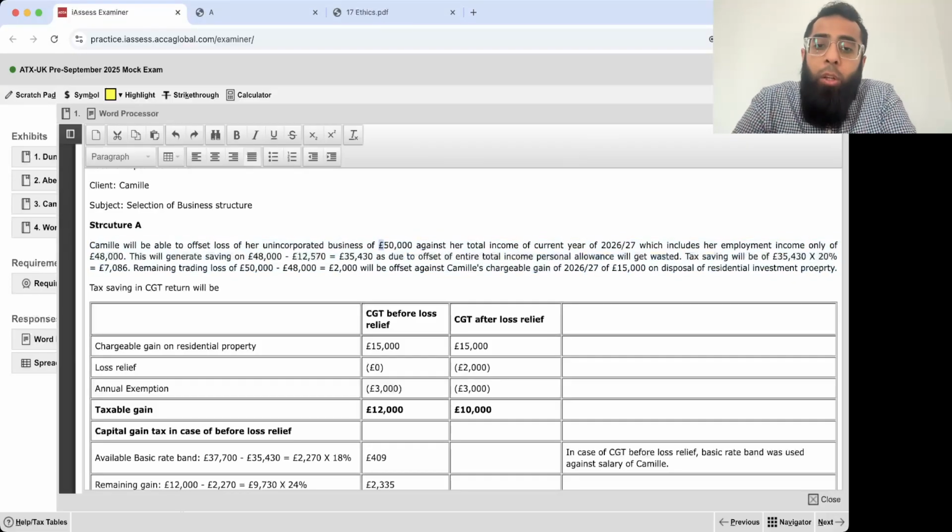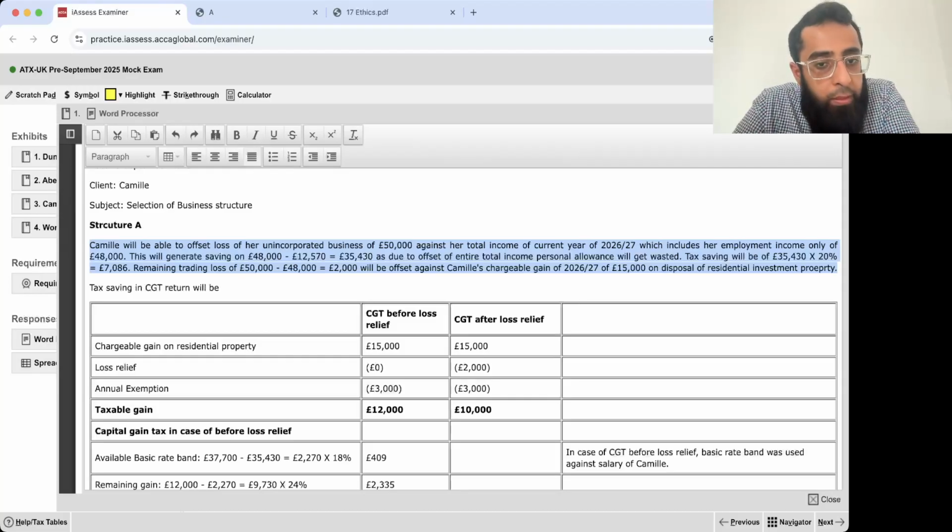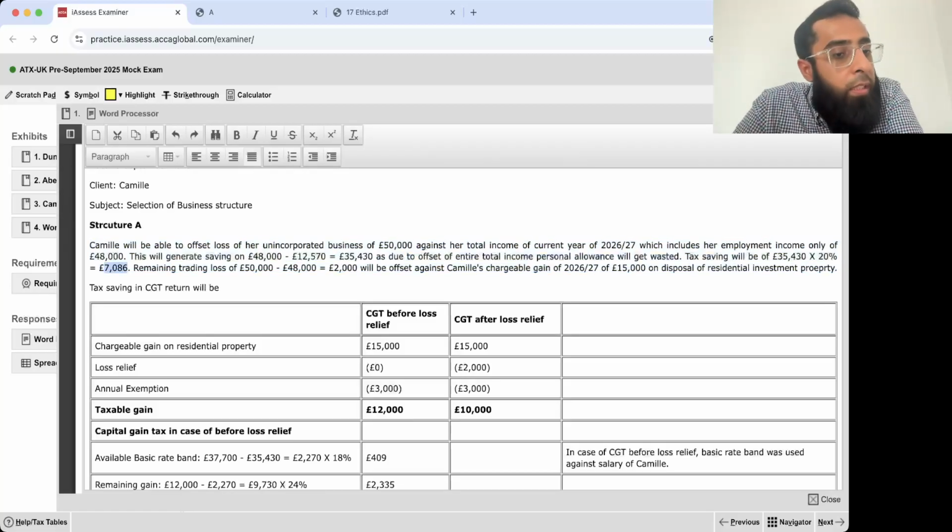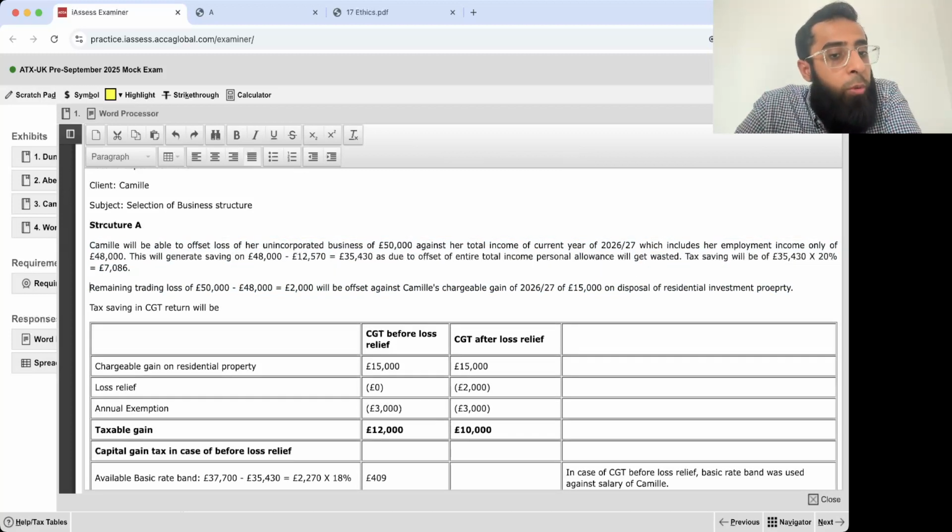You had a trading loss of 50,000 pounds. You will offset it against the total income of 48. Your saving will be on 35,430 because the personal allowance will get wasted. You are a basic rate taxpayer, so here your income tax saving is 7,086. Now the remaining loss of 2,000 pounds will be offset against your capital gain.